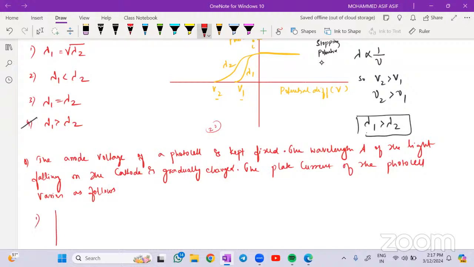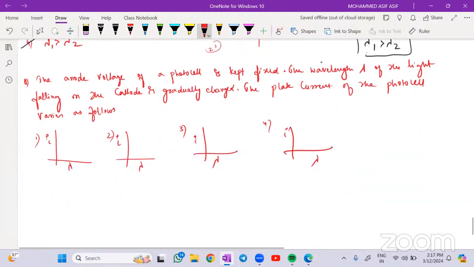I'll just draw the graphs roughly: 1, 2, 3, and 4. This is current versus lambda. The graphs in these options are given like this: this is one graph, and this is another graph.